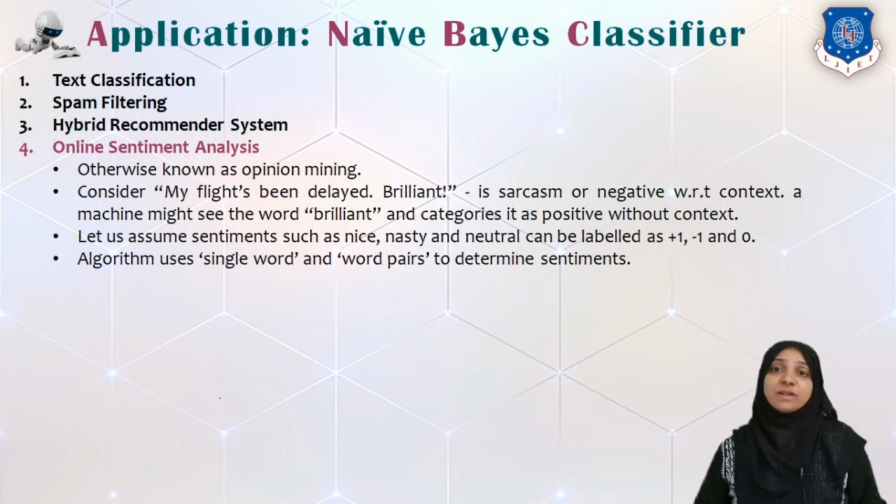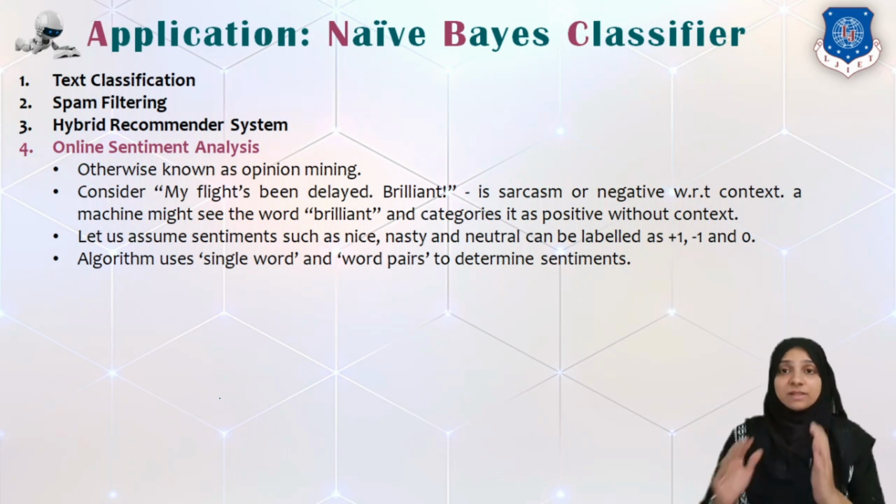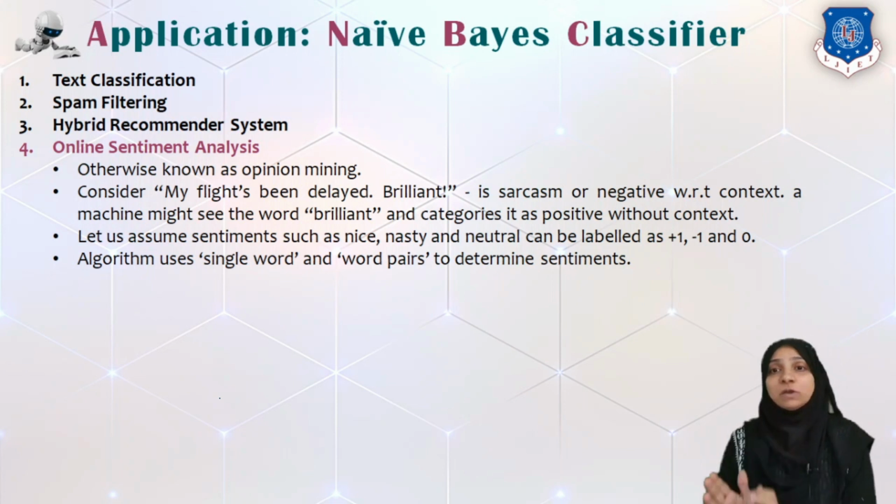Say for example, in a sentence, if the word brilliant occurs, then by default the review or message is classified as positive. But whenever brilliant is used in a sarcastic way, it must be categorized correctly as a negative review or negative sentence.